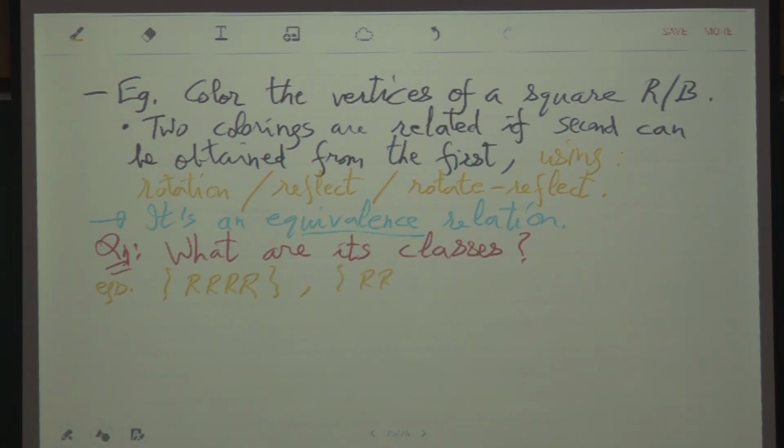Suppose you have 3 reds and a blue, then what is there in this class? You can rotate, right? So blue can come in any of the places. Anything else? So that's one class. This is also called an orbit, right? You take an element and you apply all possible transformations. What you get, these are all related to each other. So that's a class.